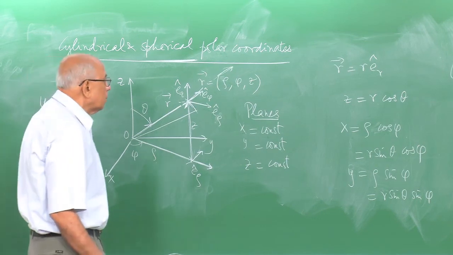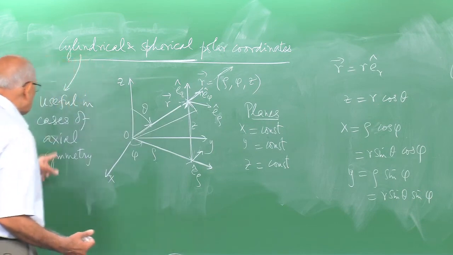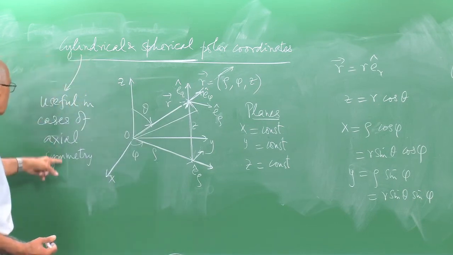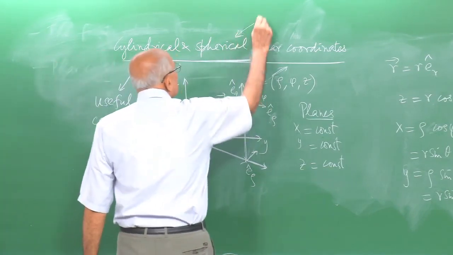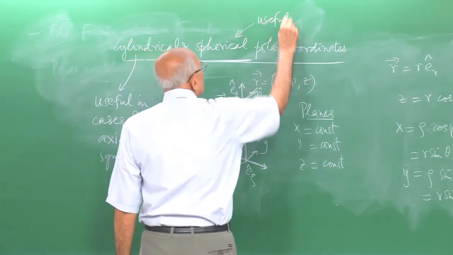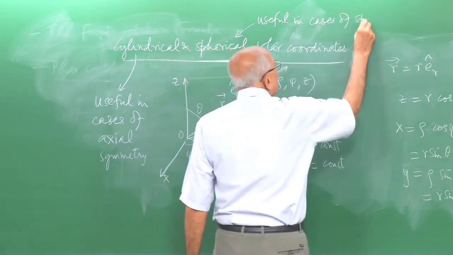On the other hand, when would you use spherical polar coordinates? Just as I would use cylindrical coordinates in cases of axial symmetry, spherical polar coordinates would be useful in cases of spherical symmetry, of course.